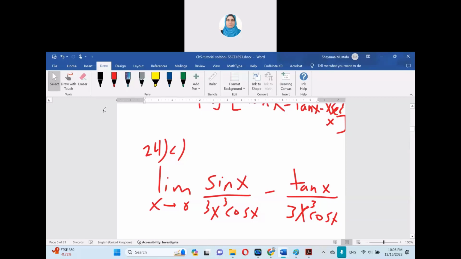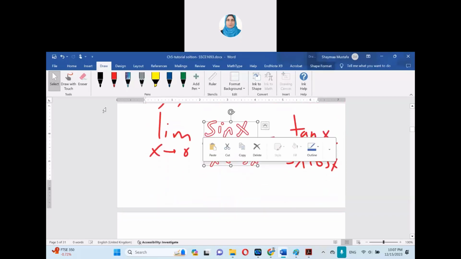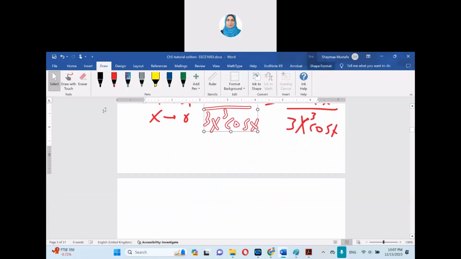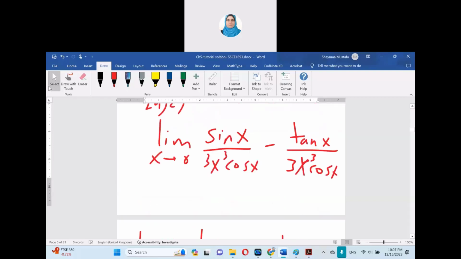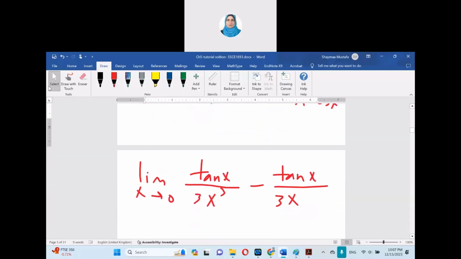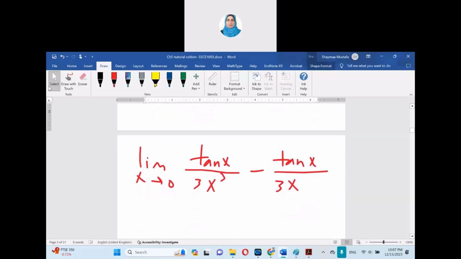So now sine x over cos x will be tan x. So you have limit when x goes to 0 of tan x over 3x cubed minus tan x over 3x cubed cos x.